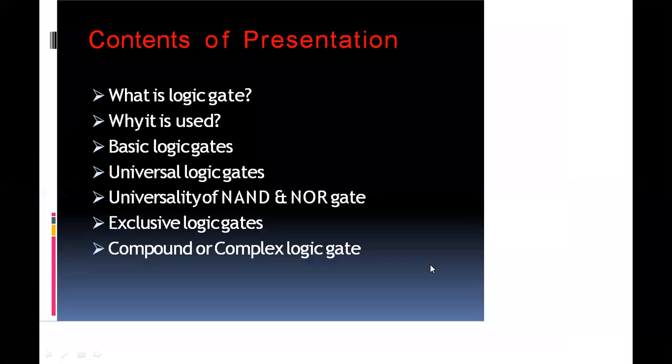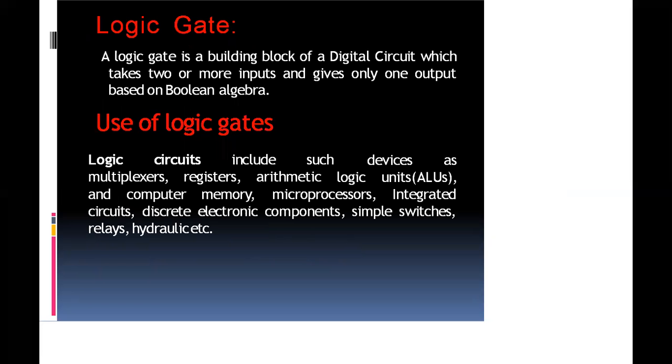And here previously we have learned about logic gate and why it is used, basic logic gate, universal logic gate, the universality of NAND and NOR gate, exclusive logic gates, and compound or complex gate. And here logic gate is a building block of digital circuit which takes two or more inputs and gives only one output based on Boolean algebra.